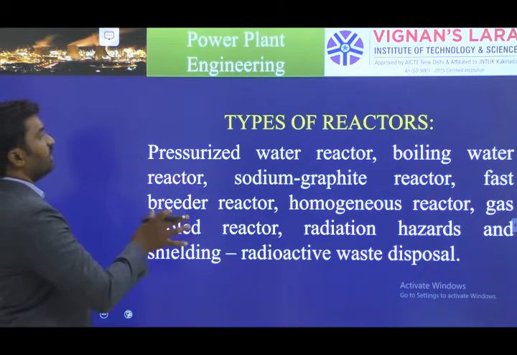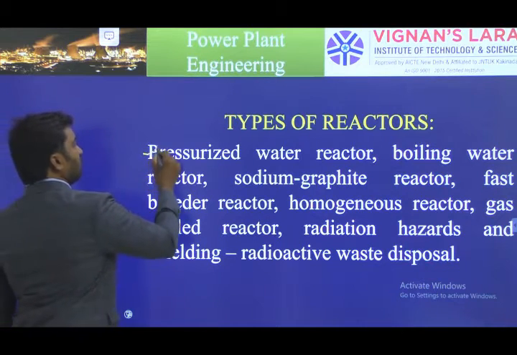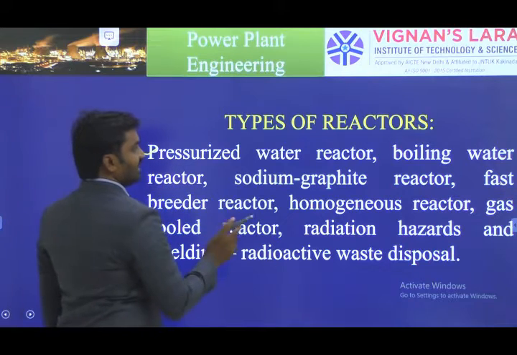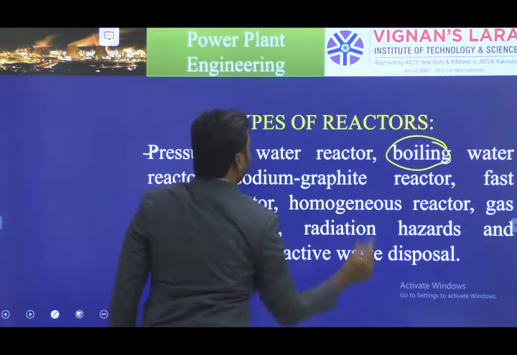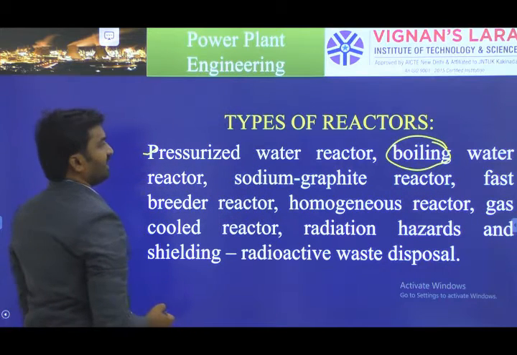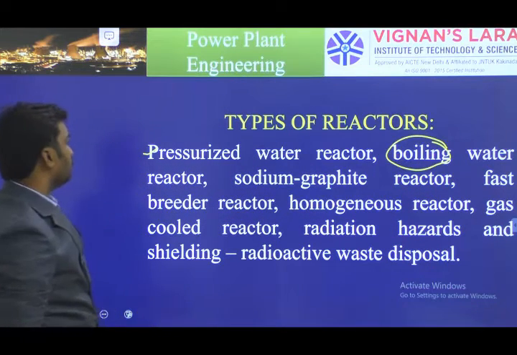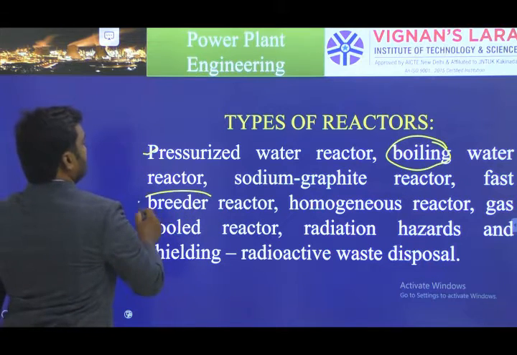Different types of reactors are available. We already completed the pressurized water reactor and the gas reactors, and today we are going to discuss the boiling water reactor and breeder reactors.